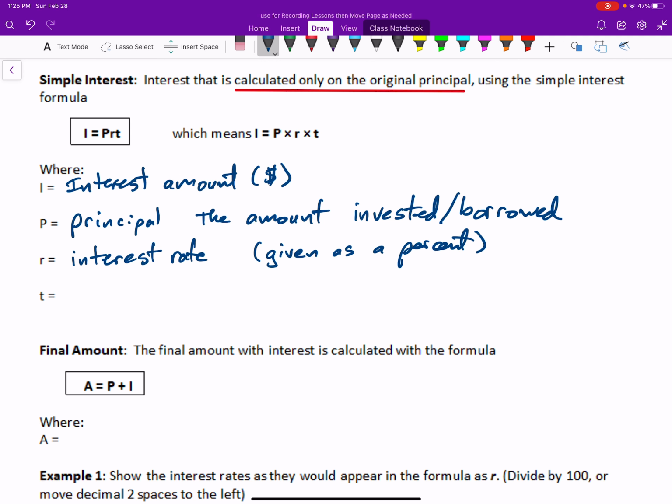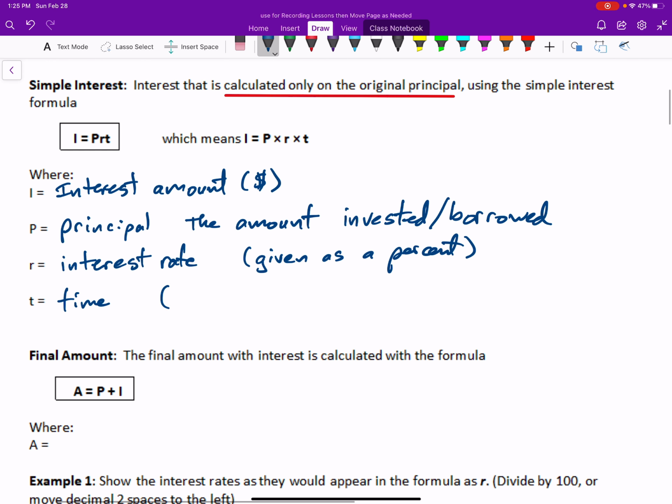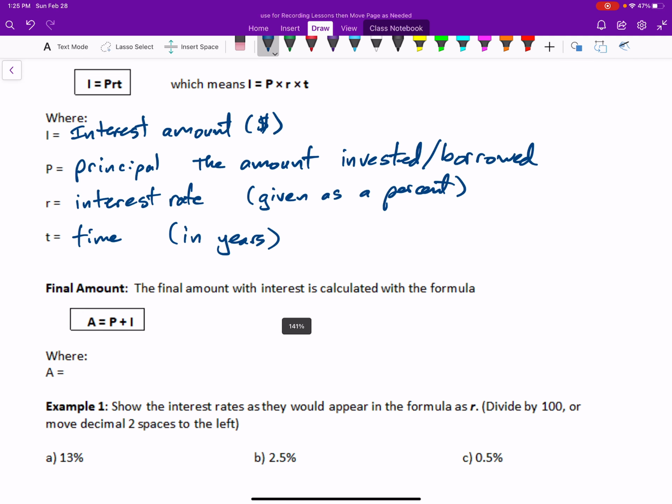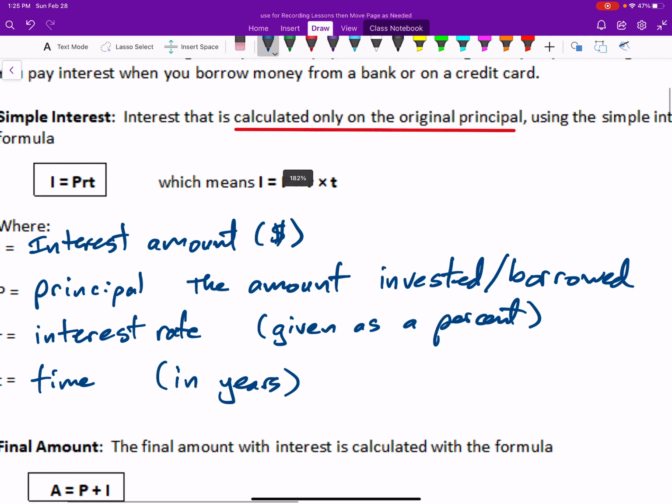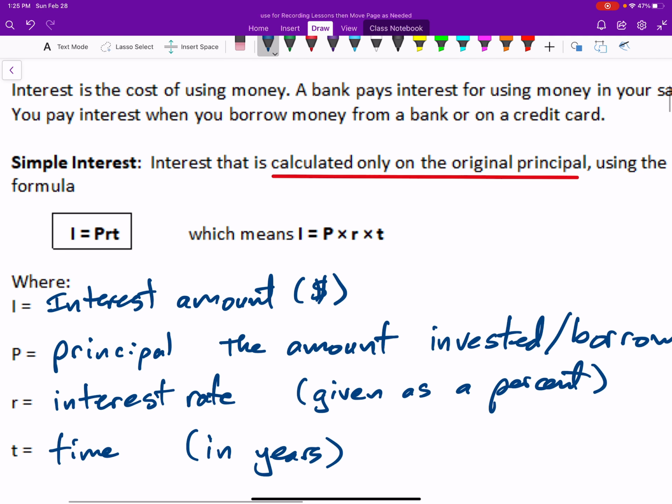And T stands for time. For simple interest, that's always in years. So here's a formula: I equals PRT, which means interest amount equals the principal amount, how much you borrowed, times the rate as a decimal.